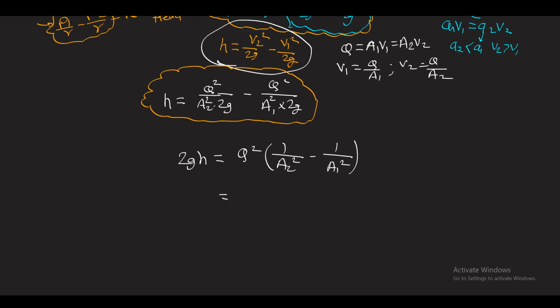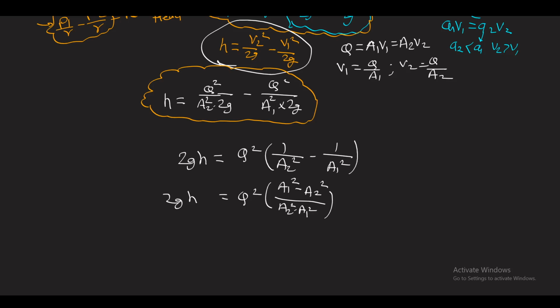So here again Q square, if I cross multiply, that is A1 square minus A2 square upon A2 square into A1 square. So twice GH is equal to Q square into A1 square minus A2 square divided by A2 square into A1 square.